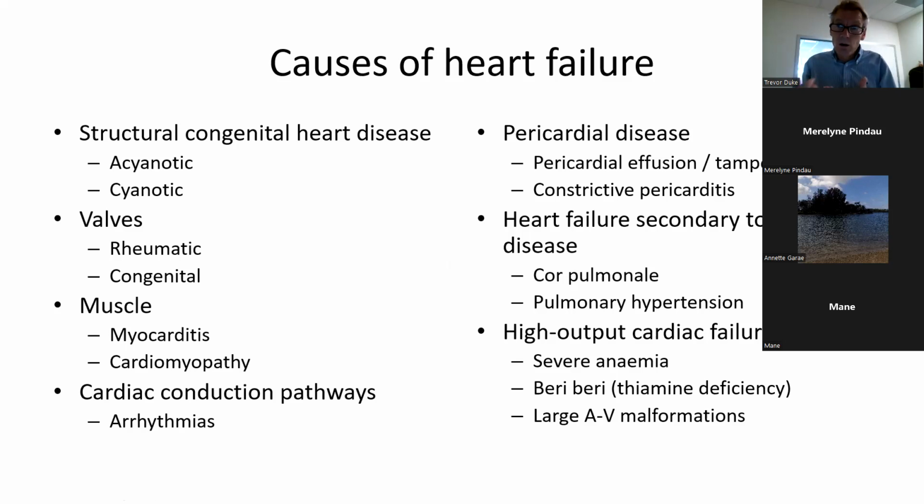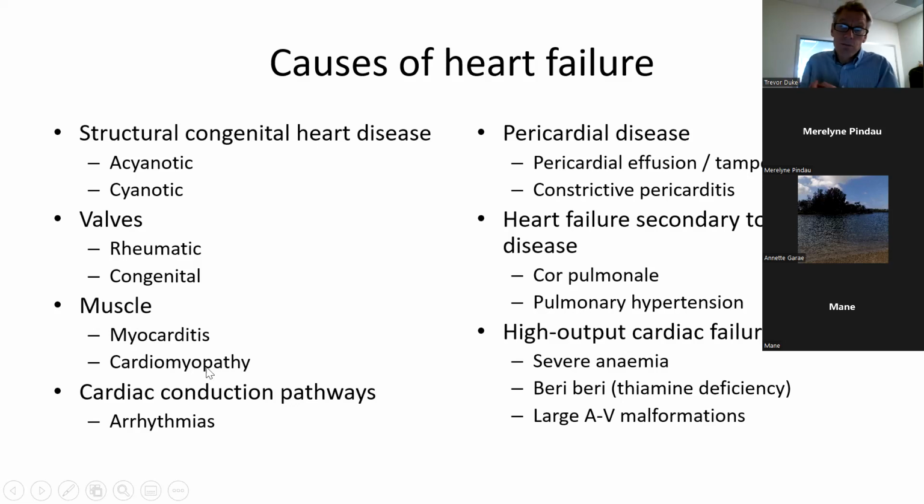There could be a hole in the heart somewhere, and that could be acyanotic or cyanotic, depending on where the hole is and what other characteristics there are of the heart structure. So structural congenital heart disease is one of the most common causes of heart failure. But also think, could it be a problem with the valves, such as rheumatic heart disease, or even congenital valvular heart disease? Could it be a problem with the heart muscle, like myocarditis or cardiomyopathy?